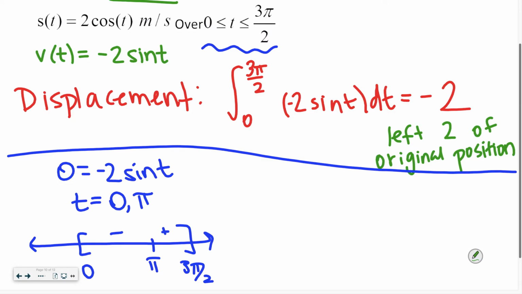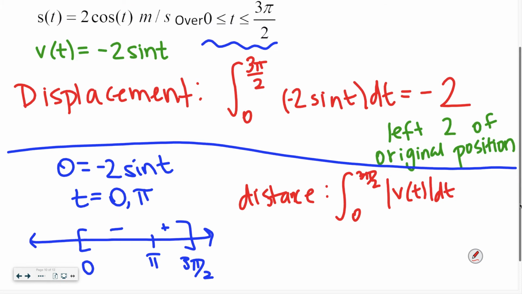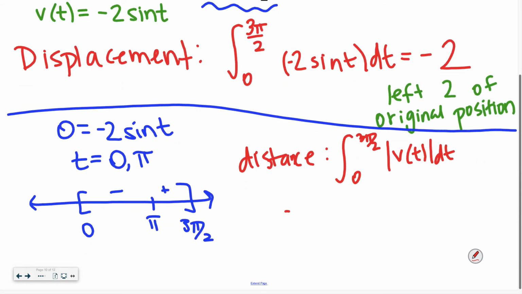So in order to calculate our distance traveled, we want the integral from 0 to 3 pi over 2 of the absolute value of our velocity. So we'll break our integral up into two integrals, one from 0 to pi and one from pi to 3 pi over 2.